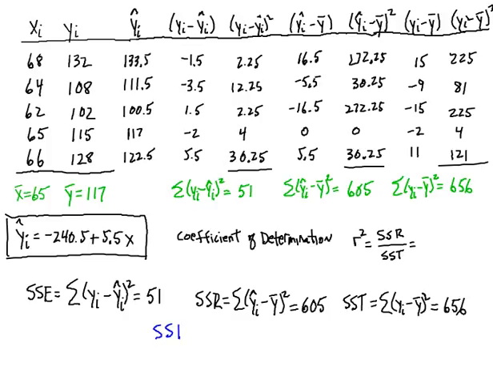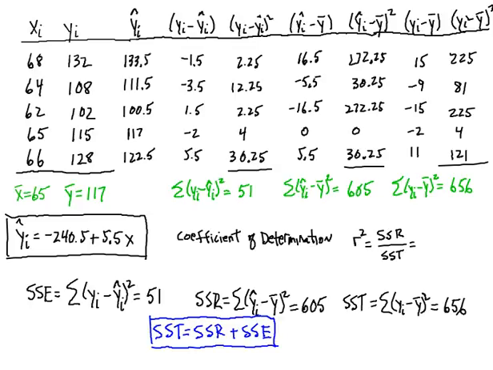Now in the textbook we see, and if you think about the values that are being combined here, that SST is equal to SSR plus SSE. And to check that out, we can see that 51 plus 605 is 656. Now the value of this last formula here is that if you have any two of these, you can always easily calculate the third one.